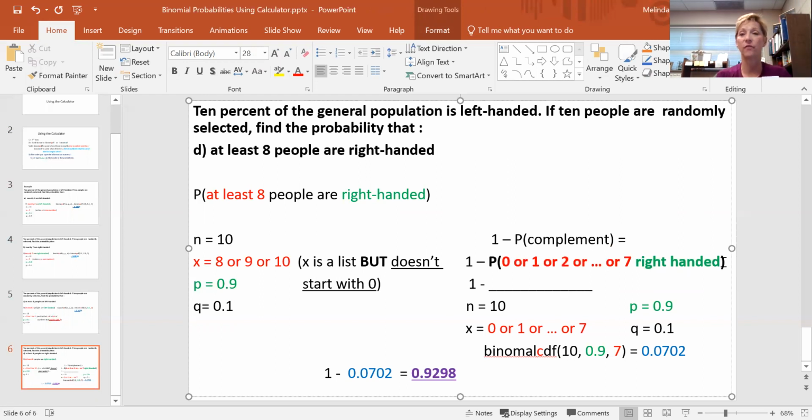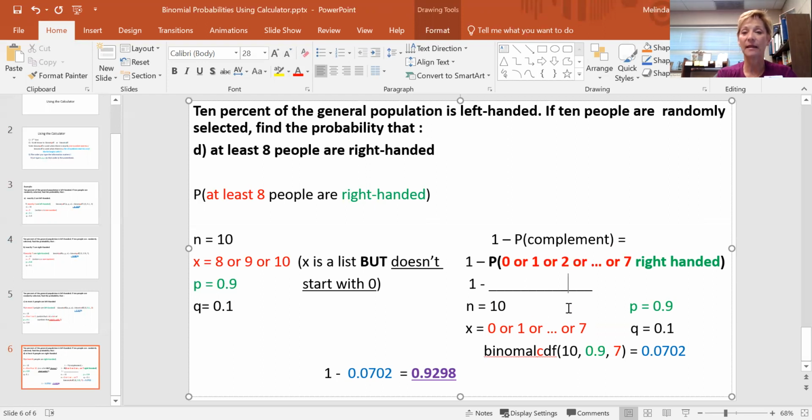So I'm starting over. I'm going to work that problem binomially. On this problem, n is still 10, but now my x's are 0 to 7. Right hand is still my category, so p is 90%, so 0.9. q is 1 minus that, so 0.1.